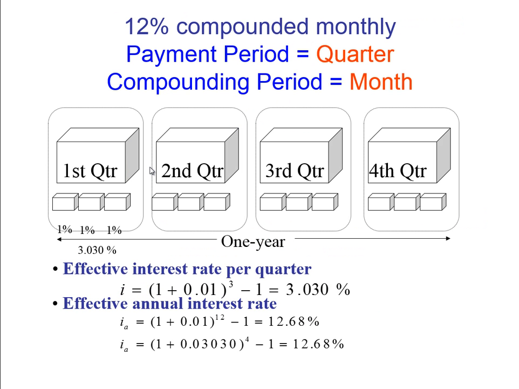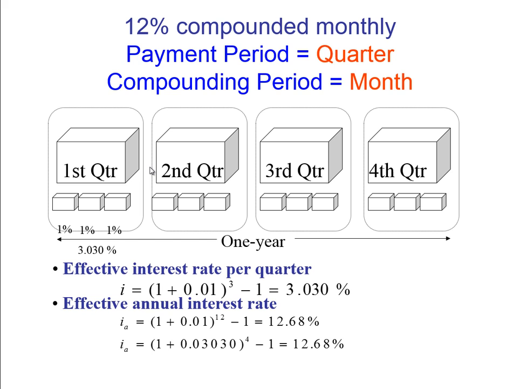Let's look at the following example. We have 12% compounded monthly. The payment period is equal to a quarter. So the effective interest rate per quarter will equal I equals 1 plus 0.01, to the power 3, minus 1.